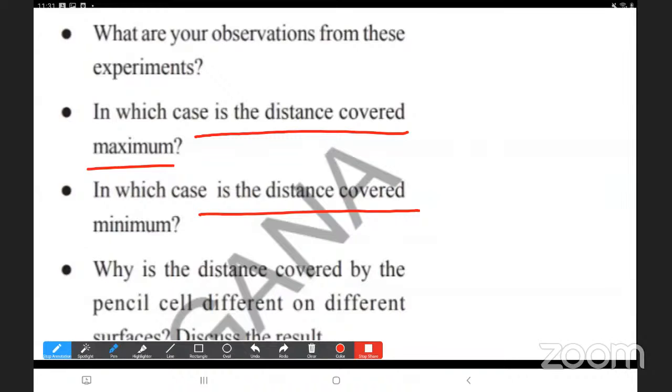Here, why is the distance covered by the pencil cell different on different surfaces? Because the pencil cell's lateral surface gets total contact on the inclined plane and experiences the friction completely.